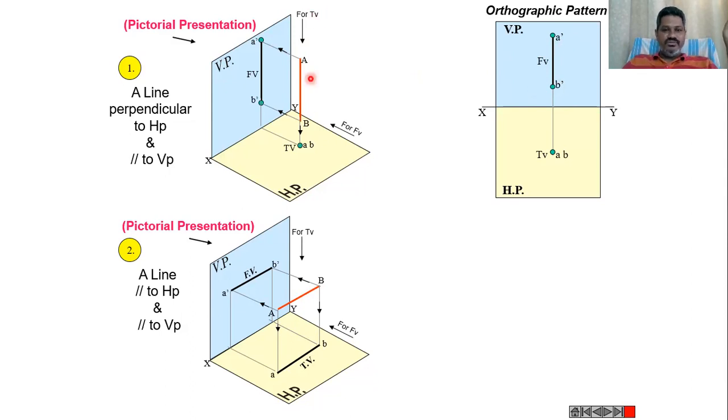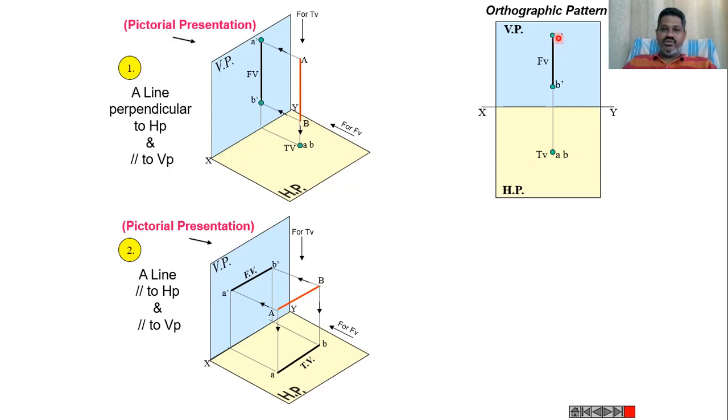Then the top view of this line will become a point on the horizontal plane. It looks like a point as A and B will coincide. The ends of this line will coincide at the same location, at the same point. So that is A, B.